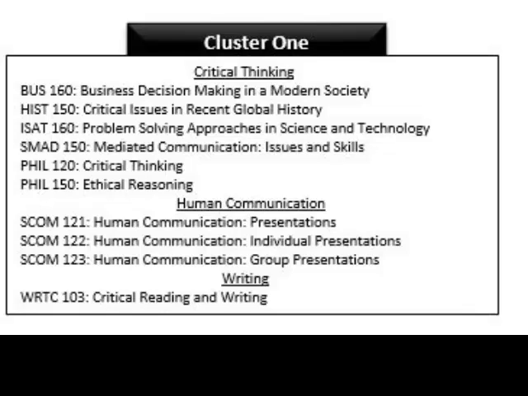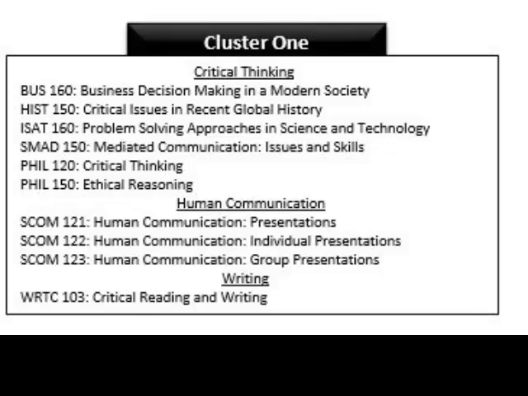The human communication courses differ from one another in area of presentation format. The presentations given in SCOM 121 are a blend of individual and group presentations. SCOM 122 consists of presentations given individually, and SCOM 123 are primarily group presentations.